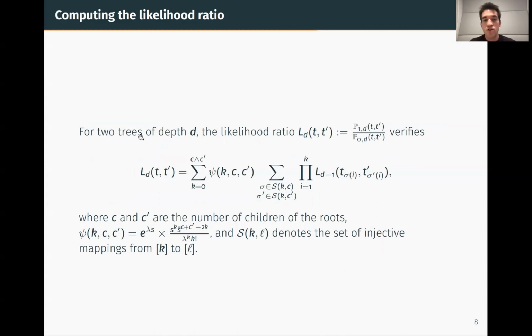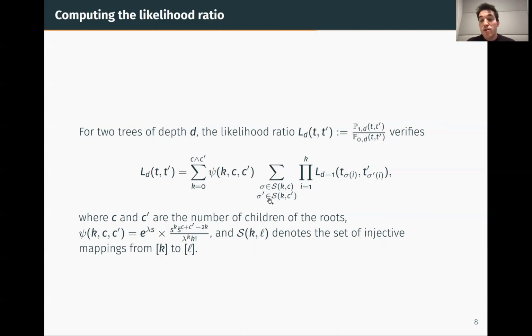The computation is quite involved, but this is because when you look at the likelihood ratio on two trees at depth D, we first have to distinguish the number of common vertices, which is K here. This term here is linked to the probability that the two roots have K common vertices, given that they have degree C and C prime.